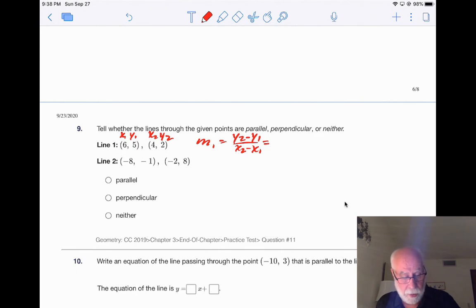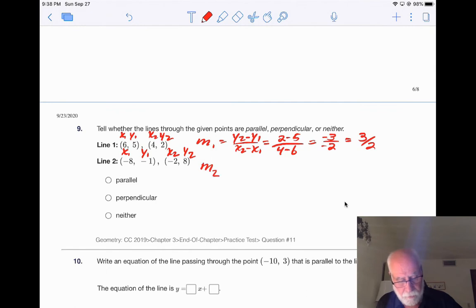So on that one there, I'll get 2 minus 5 over 4 minus 6, which will give us negative 3 on the top, negative 2 on the bottom. Negative divided by negative is a positive. So the slope of the first line is 3/2. For the second one, I'll do the same thing, x1, y1, x2, y2.